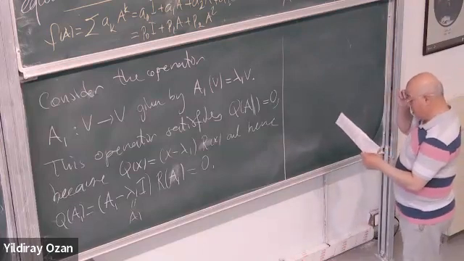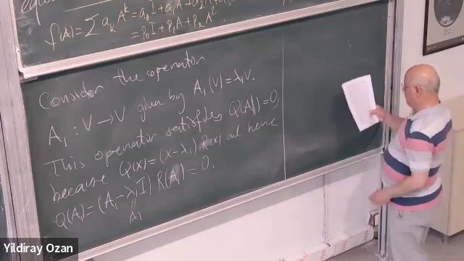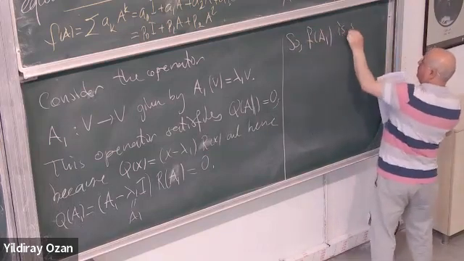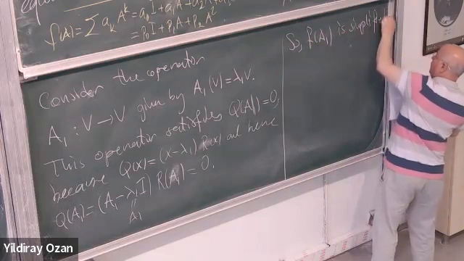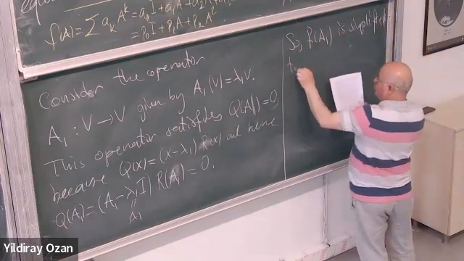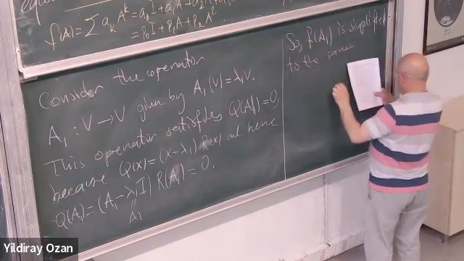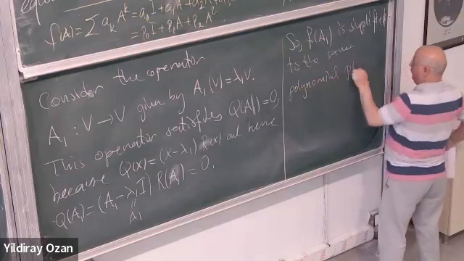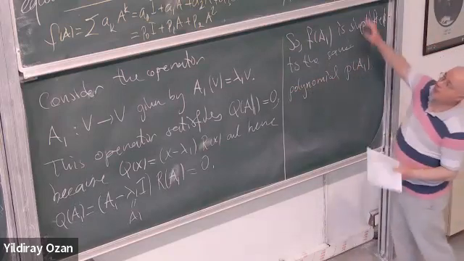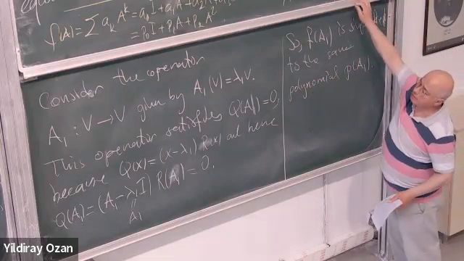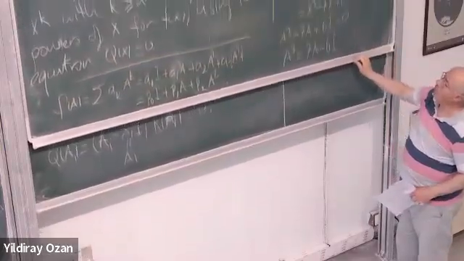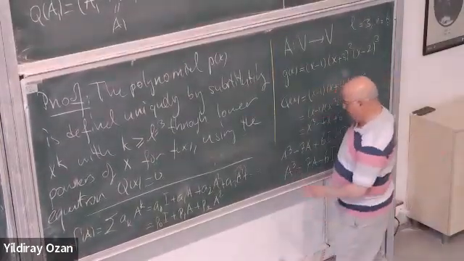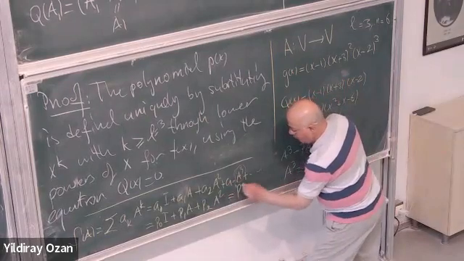So, for f of A1 is simplified by the polynomial Q of A1. Why is that? Because I know that this thing is just here Q of A, right?